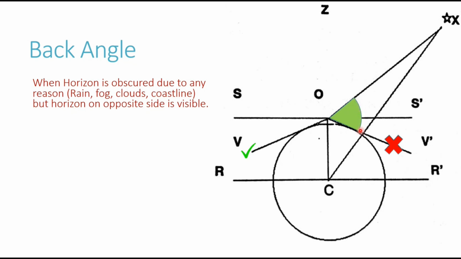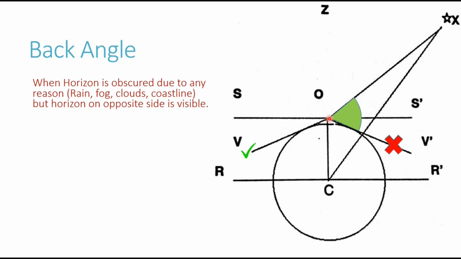This is the angle between the center of the body, represented by OX, and the visible horizon of the observer, represented by OV dash. So this angle XOV dash is what we would have obtained from our sextant.